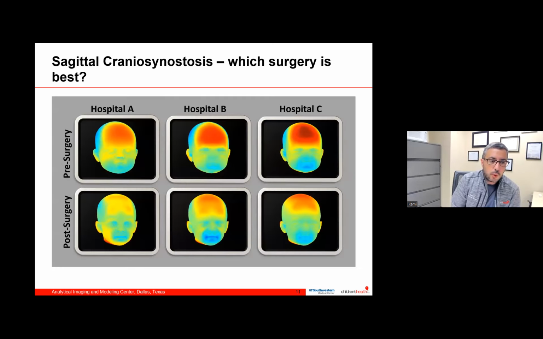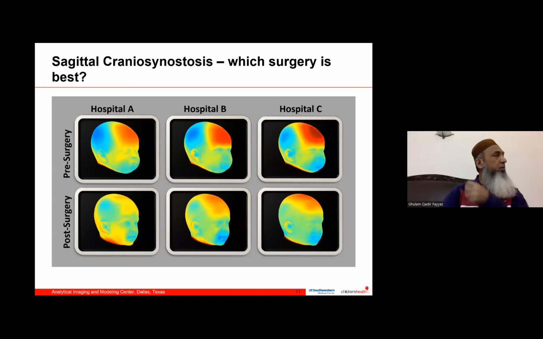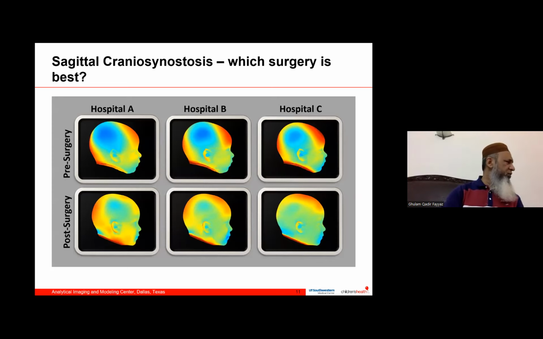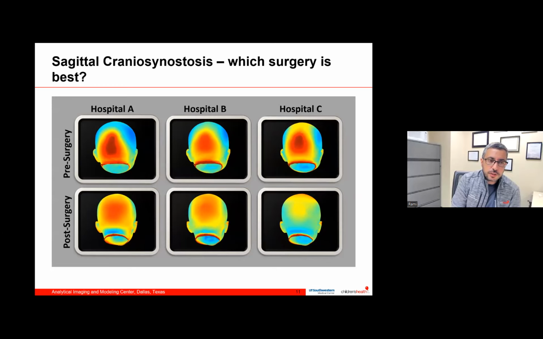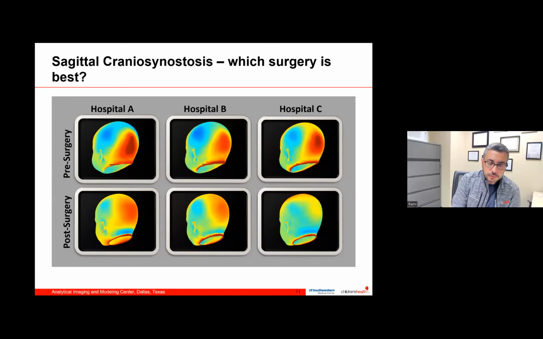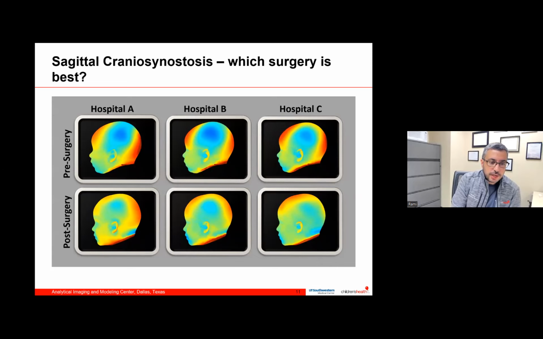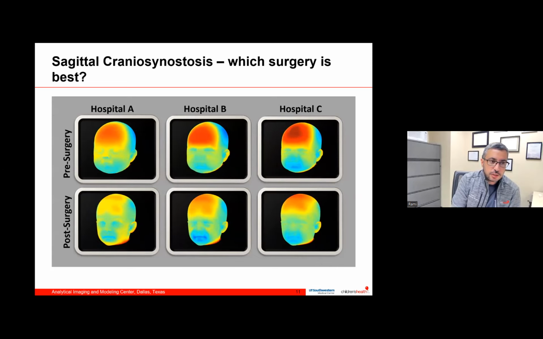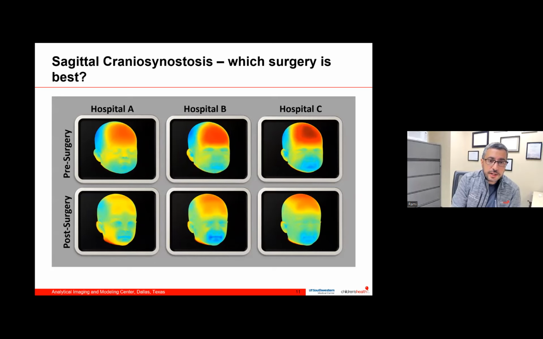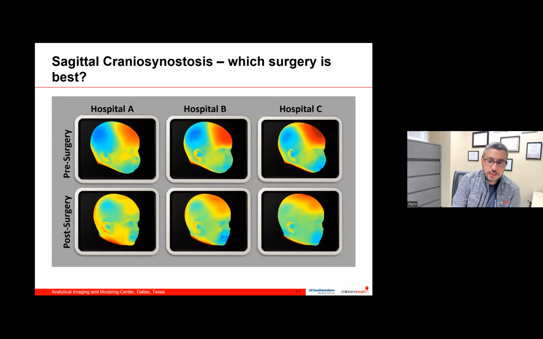So one issue that was brought to me is different surgical techniques in sagittal craniosynostosis. In the United States, we treat patients with craniosynostosis at an early age. And there are many techniques that have been developed to treat these patients.